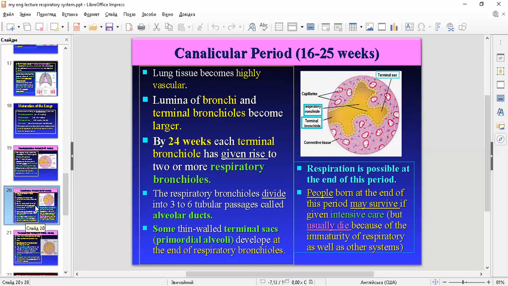Canalicular period. Lung tissue becomes highly vascular. The lumen of bronchi and terminal bronchioles become larger. By 24 weeks, each terminal bronchiole has given rise to 2 or more respiratory bronchioles.